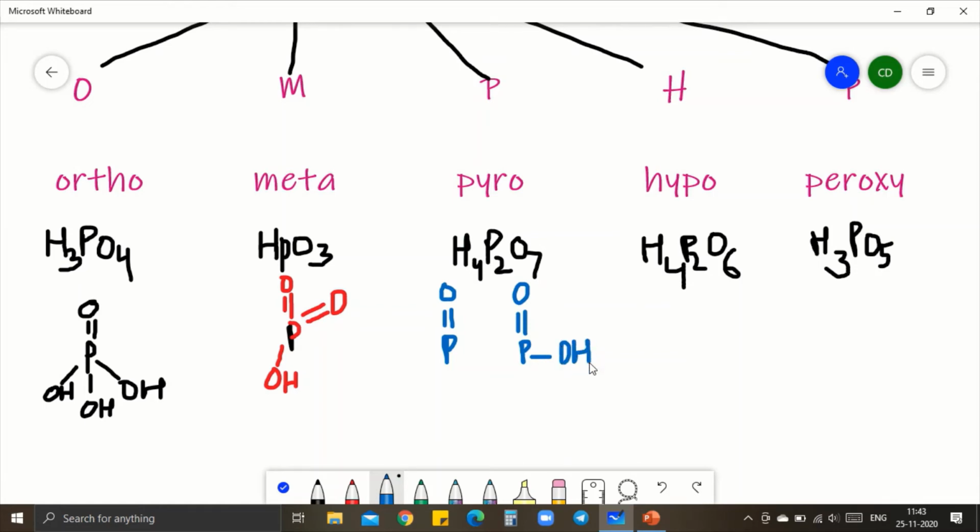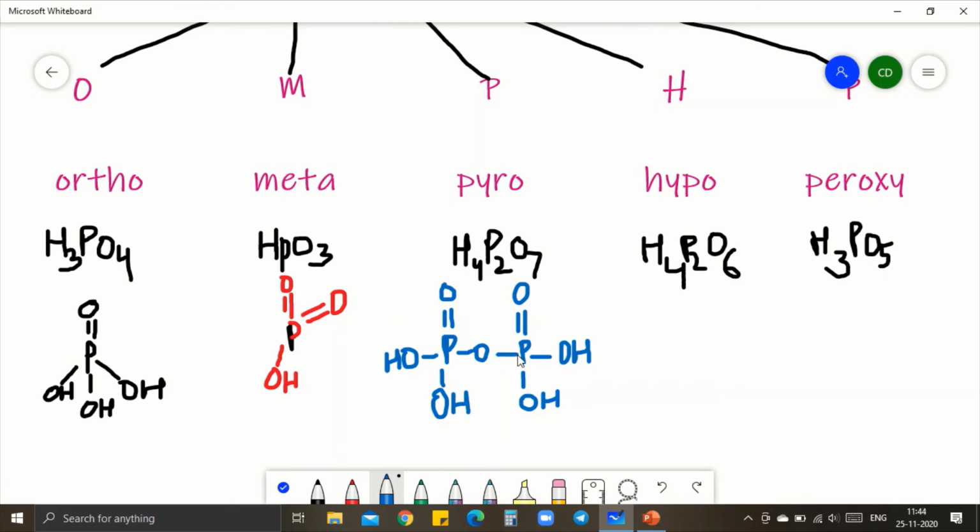Here one OH, and here a second OH. And for this phosphorus atom also there will be 2 OH groups. And there is one oxygen atom remaining, because here are 6 oxygens and in the formula there is a 7th oxygen, so it is placed in between the 2 phosphorus atoms.